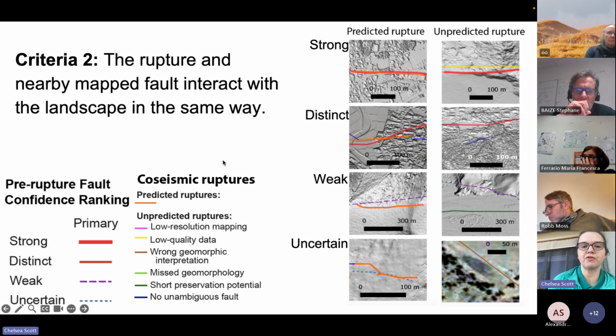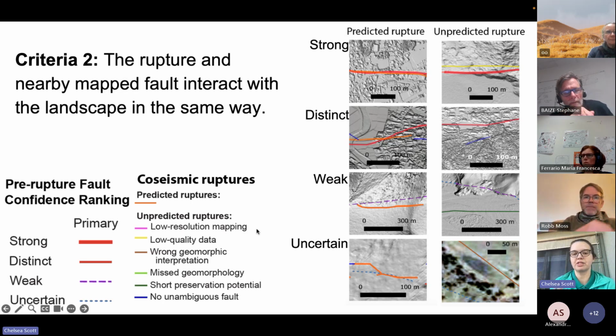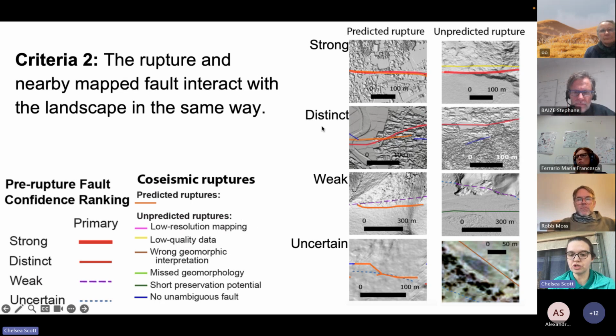The criteria for interacting with the landscape in the same way do get looser for decreasing confidence in the mapped pre-rupture faults. We also determined why unpredicted ruptures were not mapped.